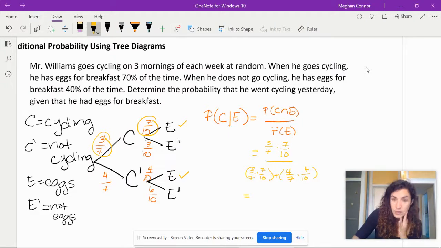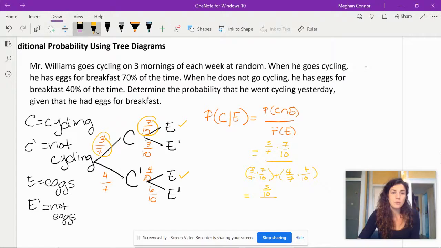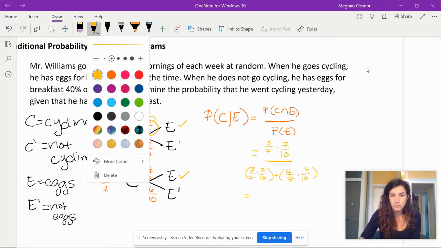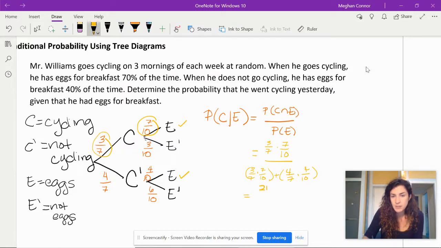So what that turns into is 21 over 70 over, and then, just because I want a common denominator, because it makes things easier, 21 over 70 plus 16 over 70.